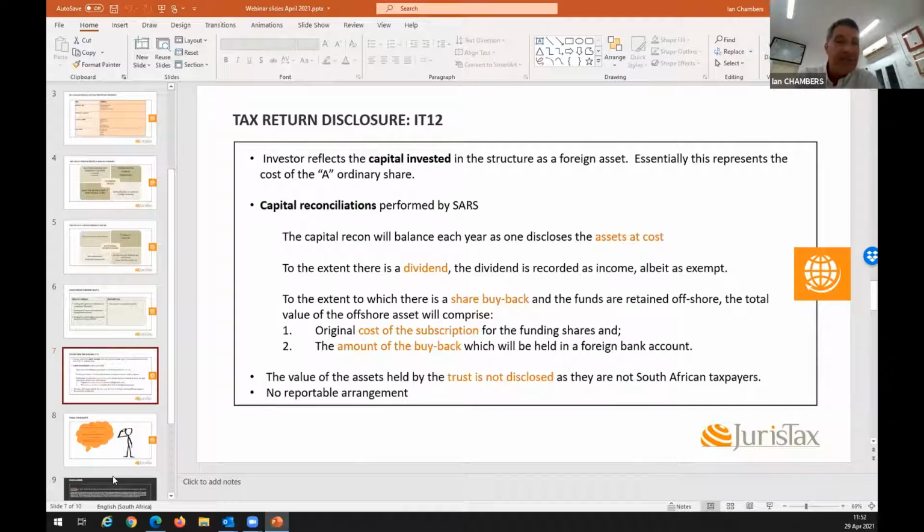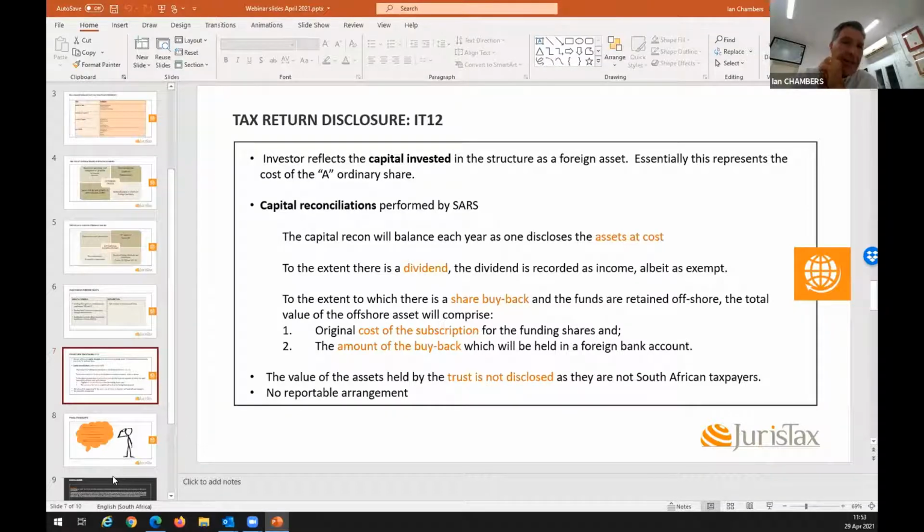The trust itself is not a South African entity. It will not be required to disclose its assets and liabilities to the South African Revenue Service. And obviously, one of the other items that needs to be disclosed on the tax return is the receipt of annual dividends. It is disclosed as an exempt dividend, but you need to disclose the receipt of it.